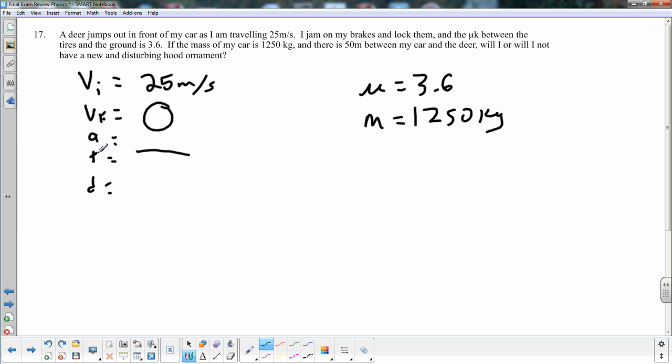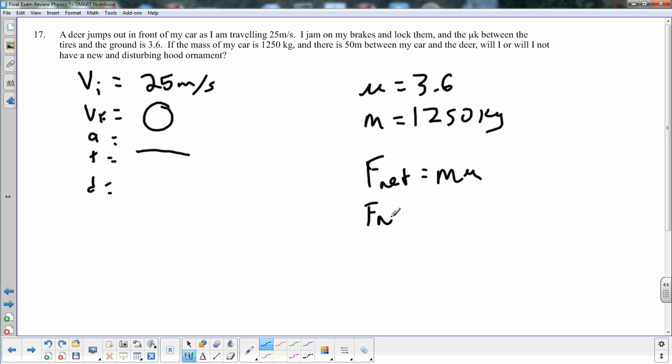The trick here is you got to realize that the F net is the force of friction. The car isn't going through the ground, the car isn't flying away from the ground, the car is simply stopping. And the net force that's making it stop is caused by friction. So what we start by doing is solving for what friction is.